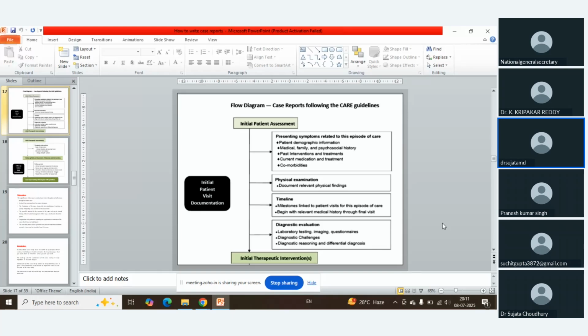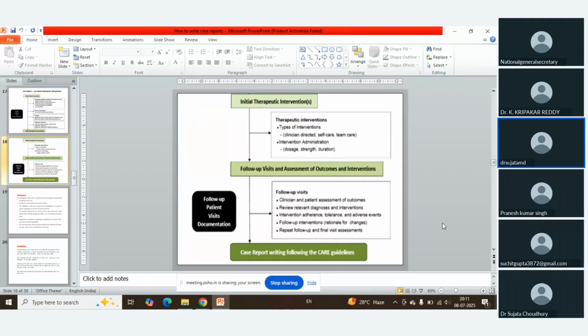Then therapeutic intervention. After taking the case, the therapeutic intervention is decided: which treatment will be given, the type of intervention, how it will be administered, the dose, all these things in the intervention portion. Then the follow-up comes, with follow-up visits, assessment of outcome, and further interventions.